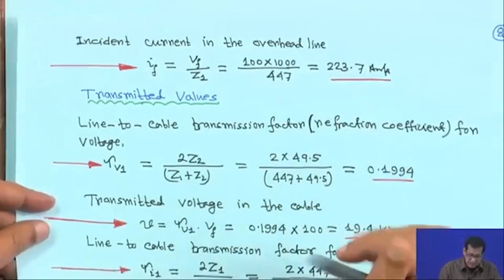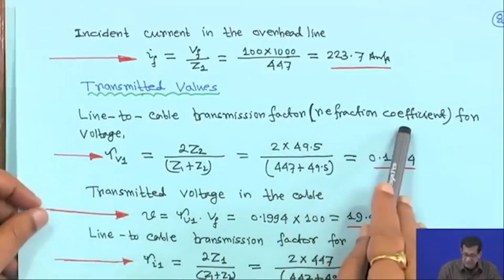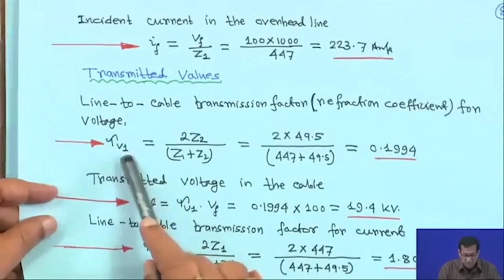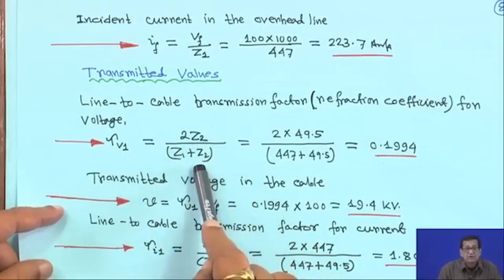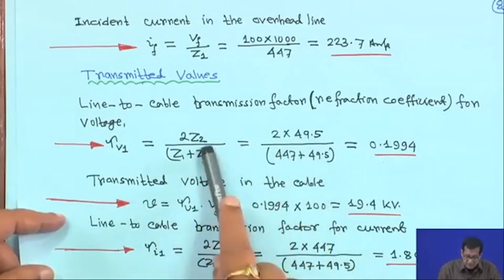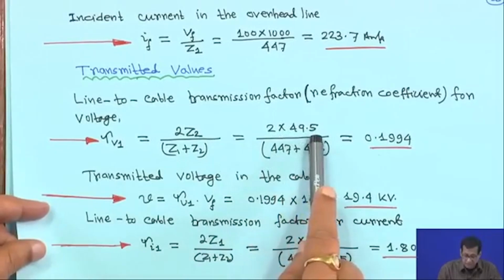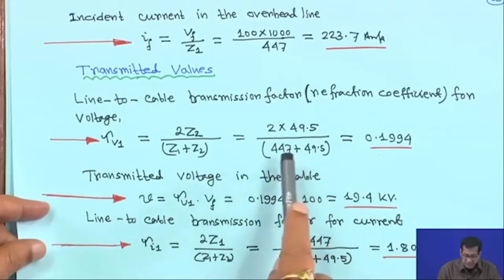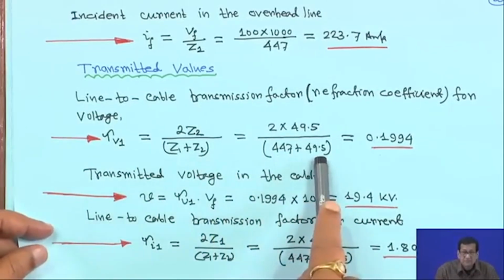Now, the transmitted value. The line to cable transmission factor, that is the refraction coefficient for voltage, tau V1, is actually 2 Z2 upon Z1 plus Z2, which we have seen earlier. Z1 is the surge impedance of the overhead line, and Z2 is the surge impedance of the cable.